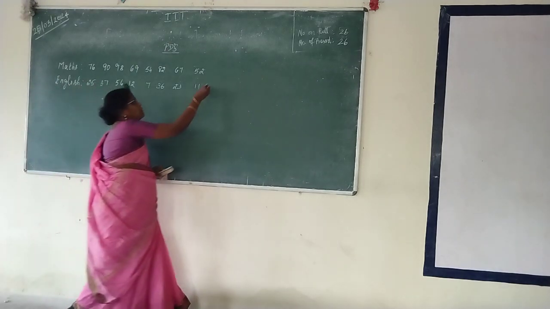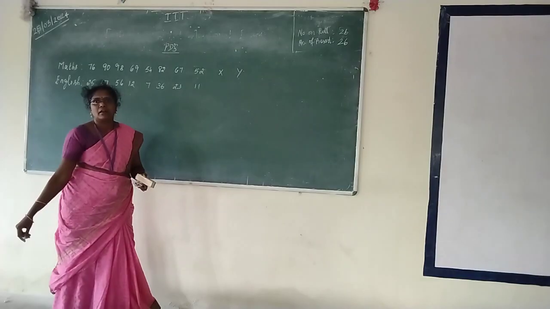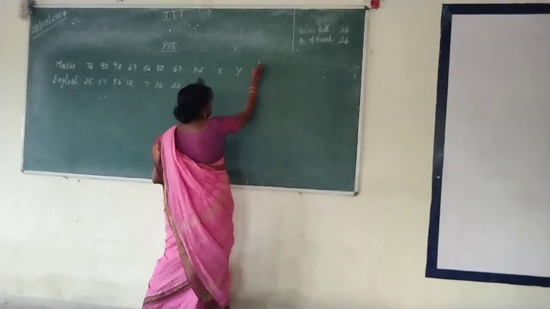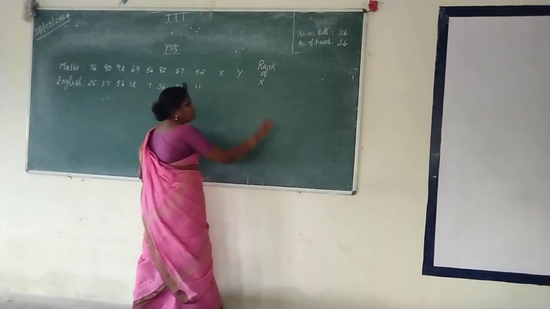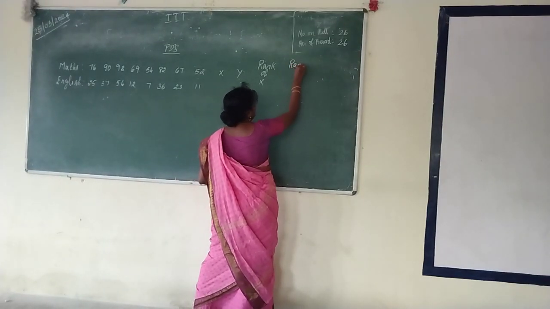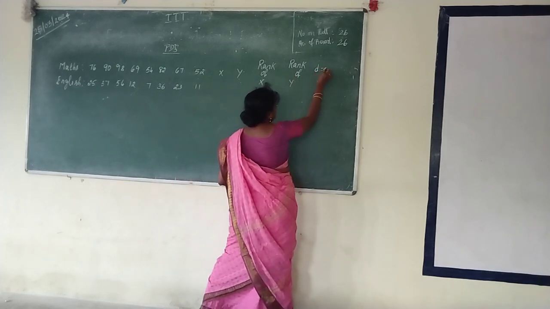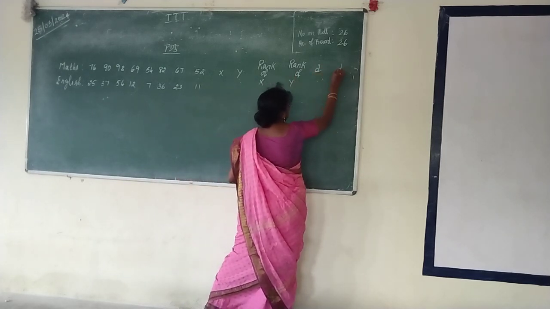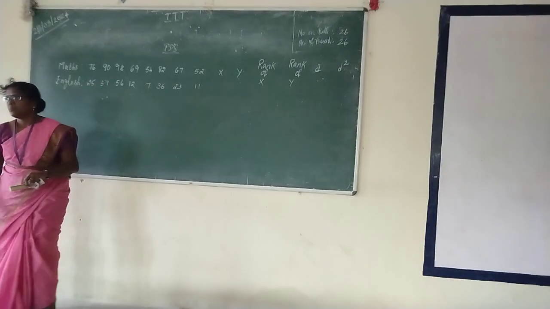So the columns you have to make are: first column x, second column y. Third column, rank of x. Next column, rank of y. Next column, d value. Last column, d square. These are the columns which are necessary for you. Okay.